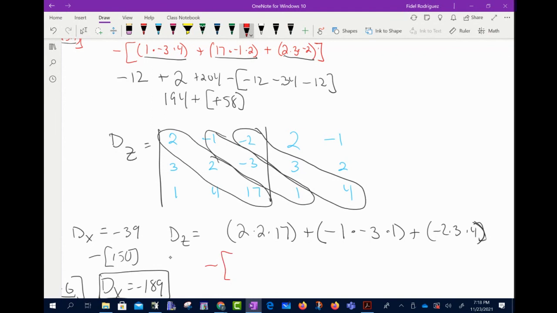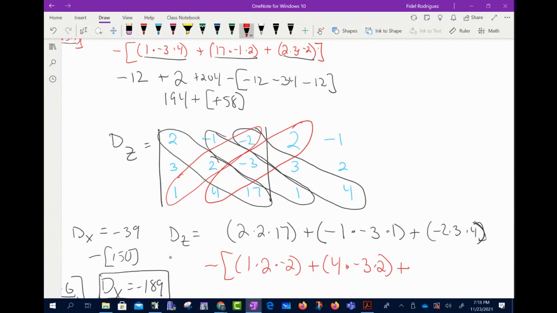All right, then we're going to go minus brackets, and I'm going to use my red like I've been doing so far. So 1 times 2 times negative 2 plus, right here, 4 times negative 3 times 2, plus, let's do this part right here, 17 and 3 and negative 1.